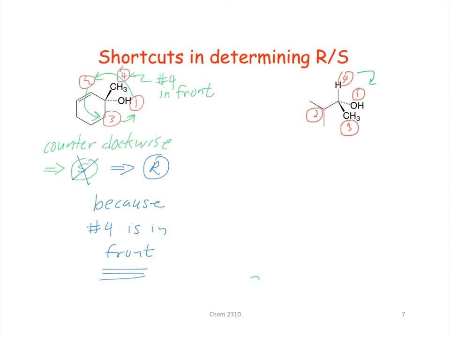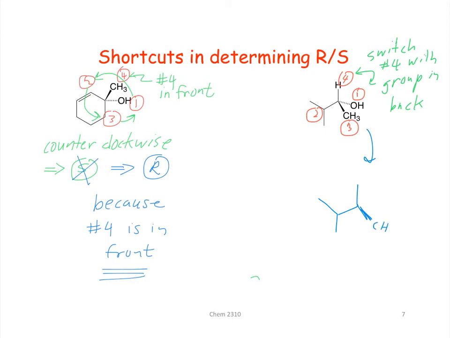Okay, so OH is in the back right here. We're going to switch these. Switch number 4 with the group in the back. Okay, so then we're going to redraw this. We have this isopropyl over here, carbon like this.